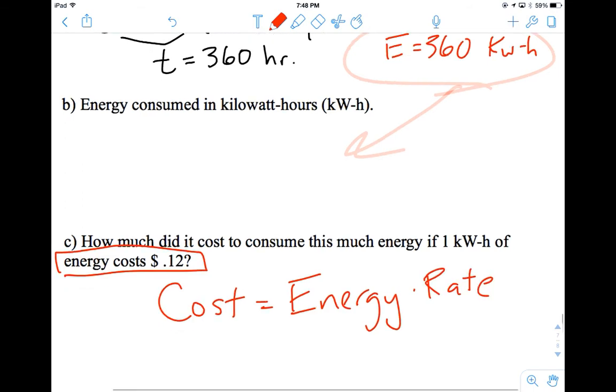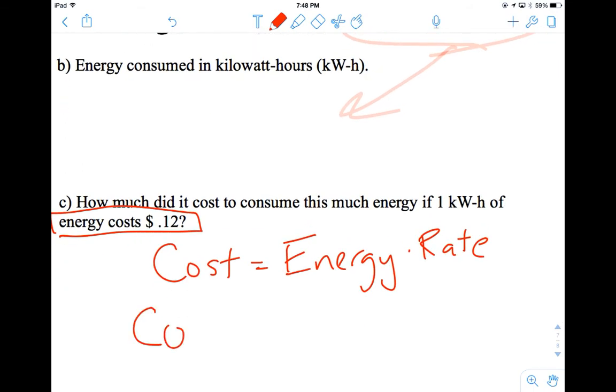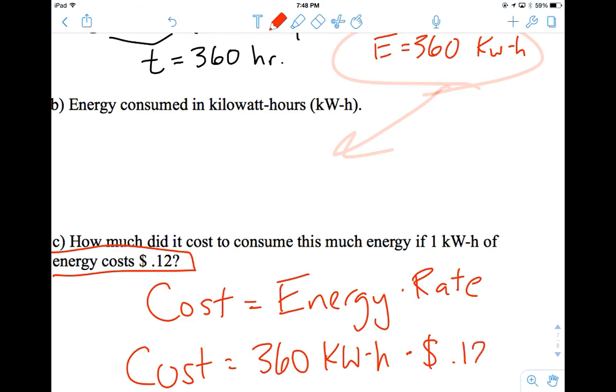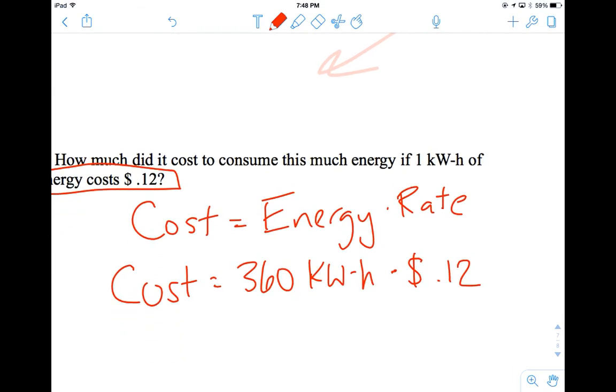So I can find my cost as being 360 kilowatt hours times my $0.12 per kilowatt hour. Let me just plug that into my calculator real quick. So I have 360 times 0.12, and as a result, I end up getting $43.20.